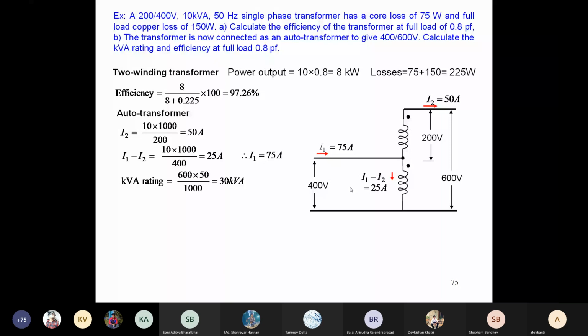We have designed an auto transformer from a two-winding transformer, but the power handling capacity has increased compared to the parent transformer. If the output is 30 kVA and the full load power factor is 0.8, the power output is this.